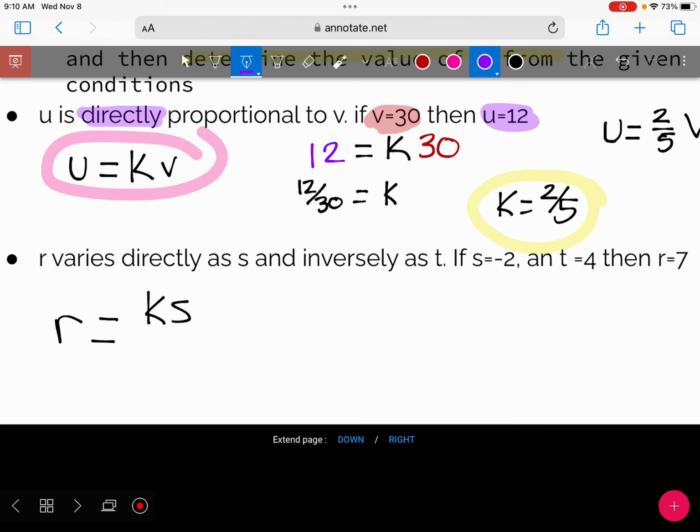But then we have this inversely as T. So our T is going to be under here. Okay? So directly means times your k, inversely means divide your k. And it's going to be the same k. k is just a constant. We don't need to put two of them in there.